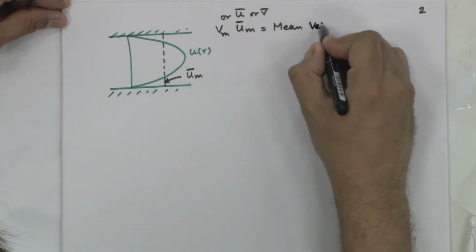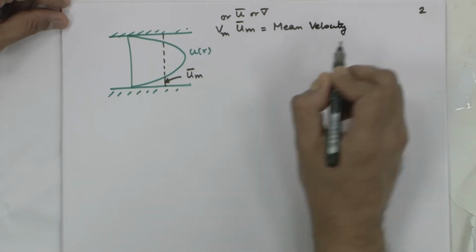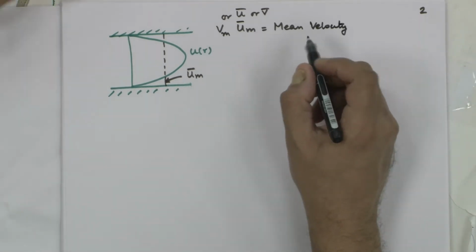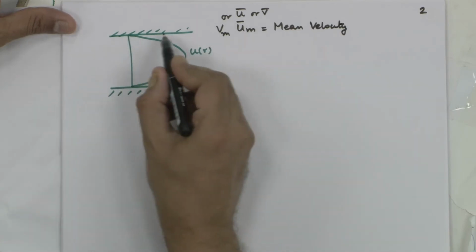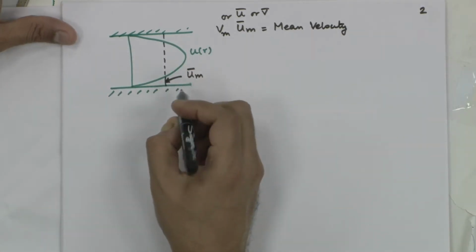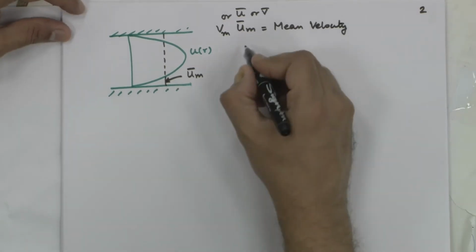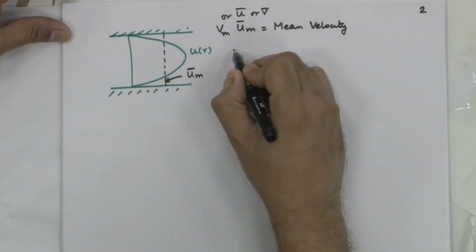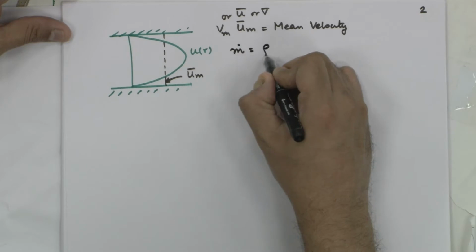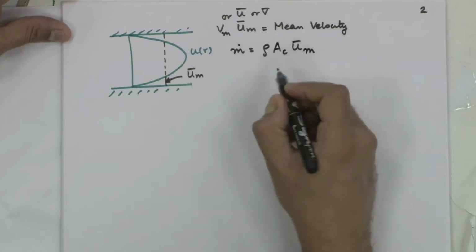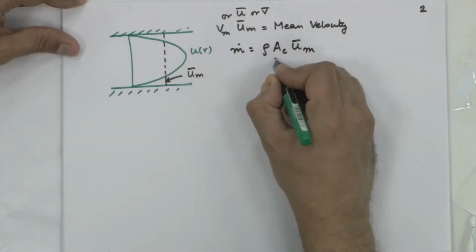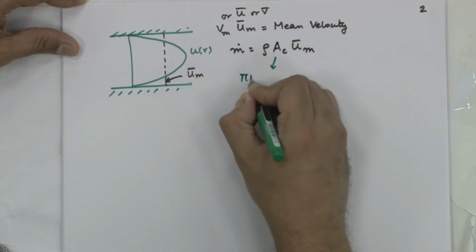So, mean velocity is nothing but applying conservation of mass for this velocity profile and conservation of mass for this constant velocity distribution. When the velocity is constant, mass flow rate is rho times cross sectional area into u m bar. This cross sectional area for a pipe is pi r squared.